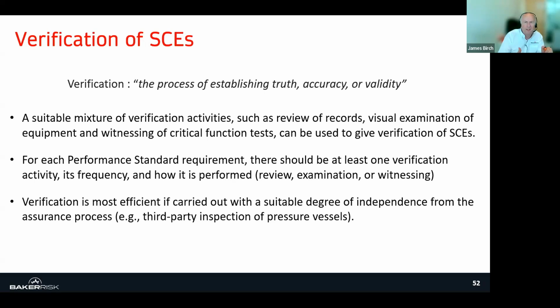And probably the example where I suspect many of us familiar with here is pressure vessel inspections. Not unusual to have a separate group within the company or even an external agency who do pressure vessel inspections because of the significance of a pressure vessel failing. So that's the difference between assurance and verification.